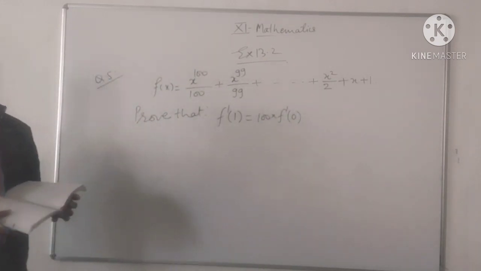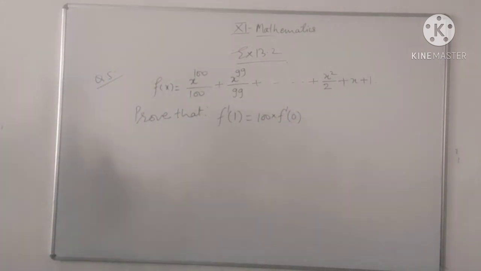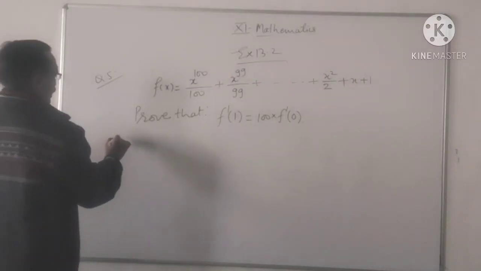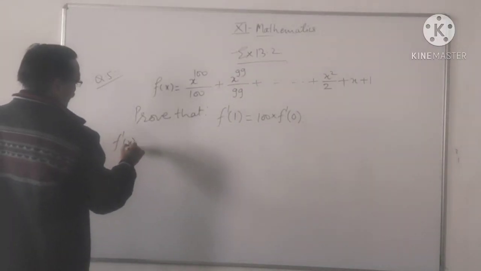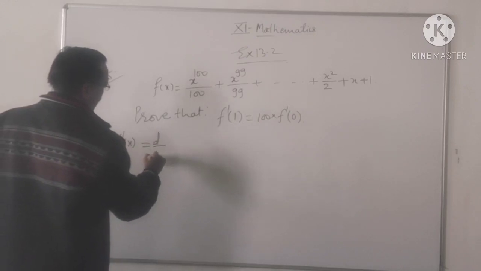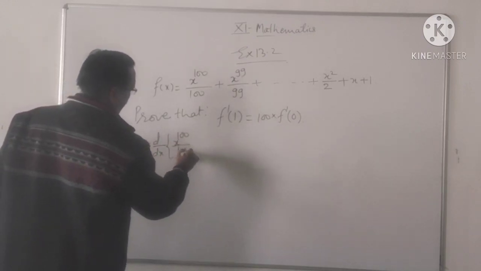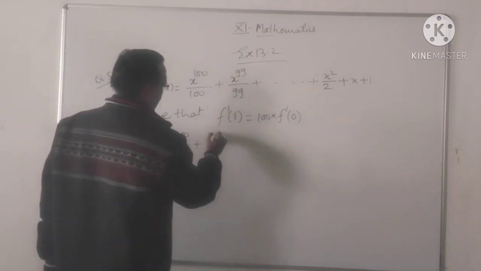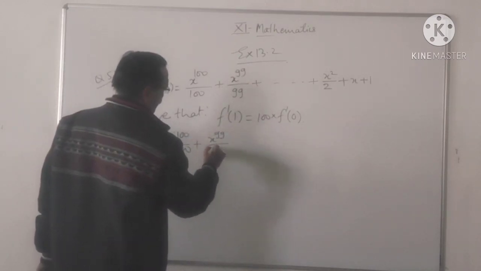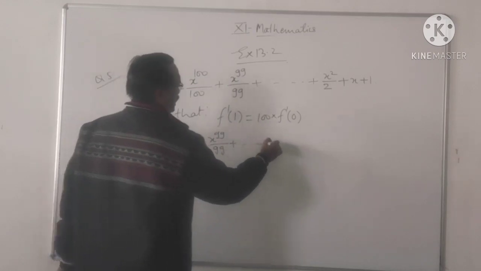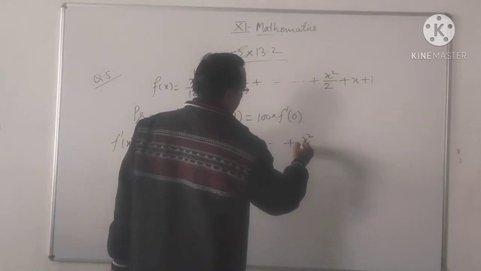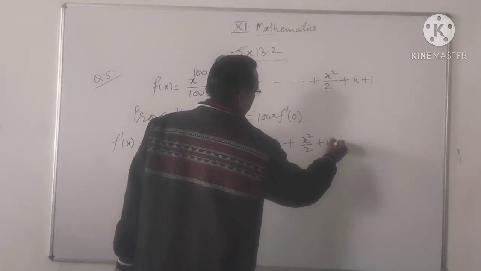So we have to differentiate the function. f dash x equal to d over dx of x power 100 upon 100 plus x power 99 upon 99 plus and so on x square upon 2 plus x plus 1.